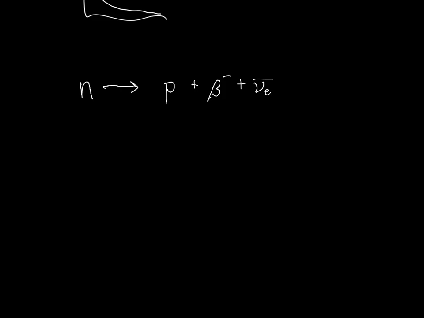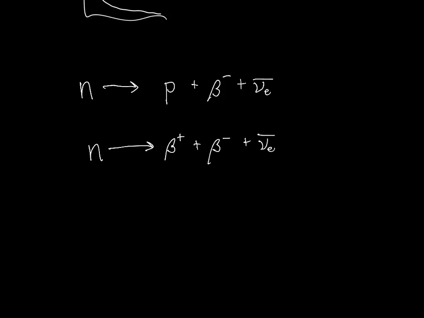What else could, in theory, a neutron decay into? What other kind of thing could cancel out an electron? So we could have a neutron turn into not just a proton plus an electron plus an anti-electron neutrino, but a positron.